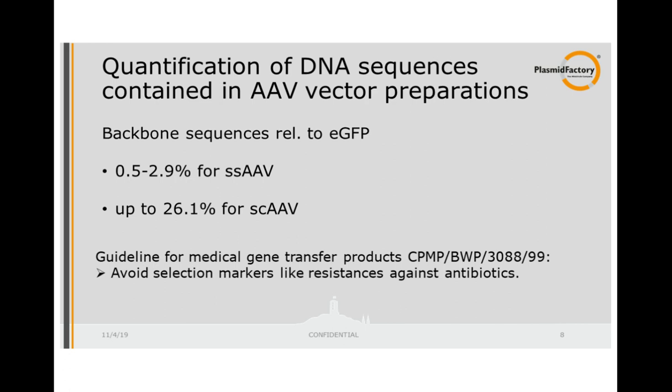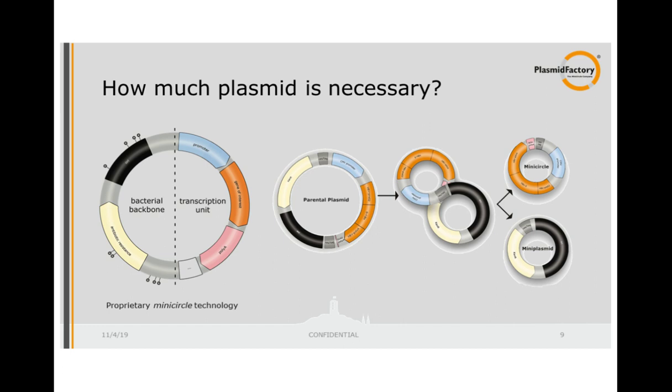And this, of course, should be avoided, which also can be seen in the guidelines for medicinal gene transfer products that I mentioned in this overhead. So the idea is we wanted to avoid these wrong sequences in the AAV viral particles.